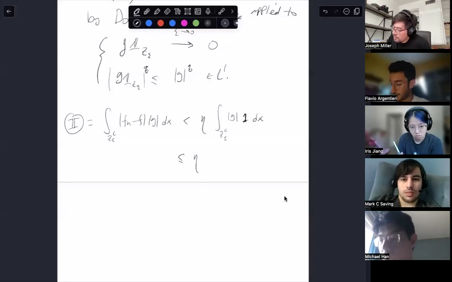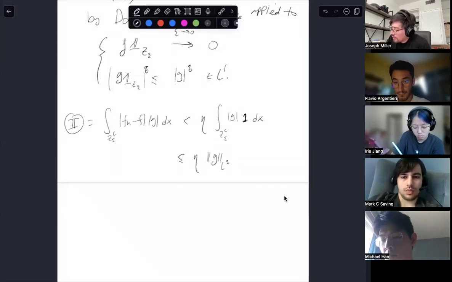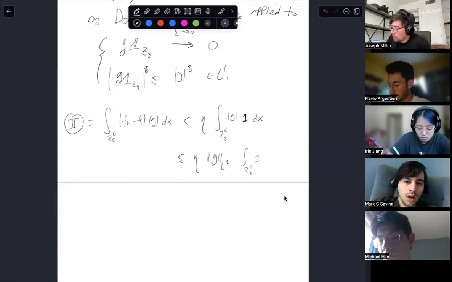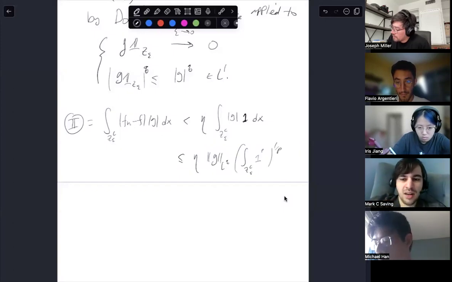So I get eta, and this should be g in LQ. And when I take the integral in LP of the function 1, I get the integral over the set of 1 to the p, and I'm taking 1 over p.